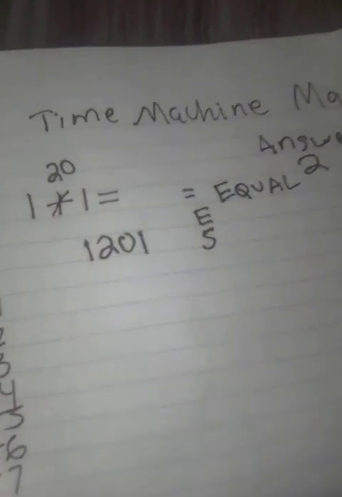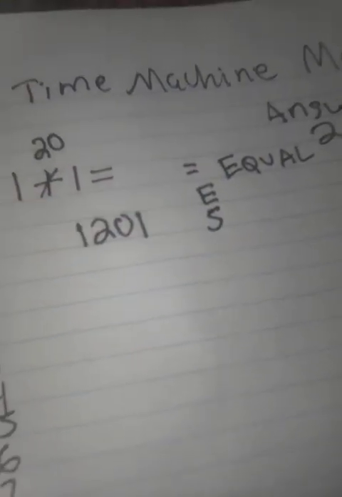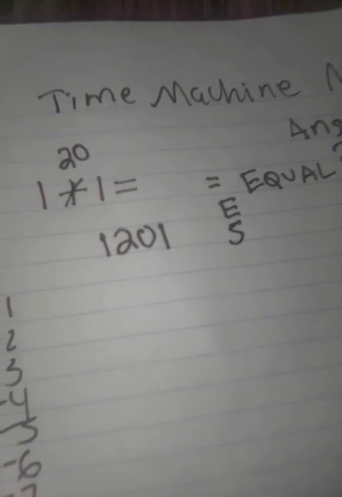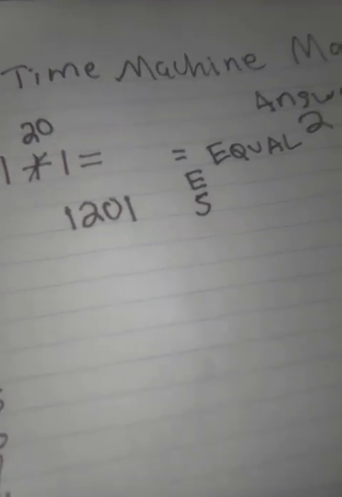Now the 5 can mean anything, but since we're turning 1 plus 1 into years, the 5 we're going to turn into the month of May, the 5th month on the calendar that we go by.